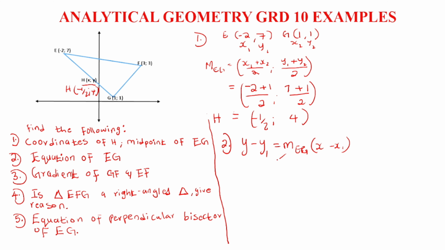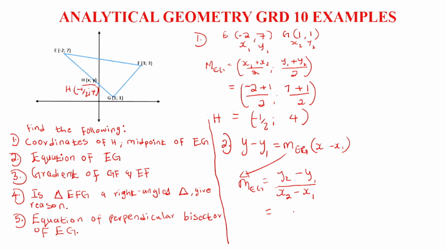We don't have the gradient, so we need to find the gradient first. The gradient is given by y2 minus y1 all over x2 minus x1.